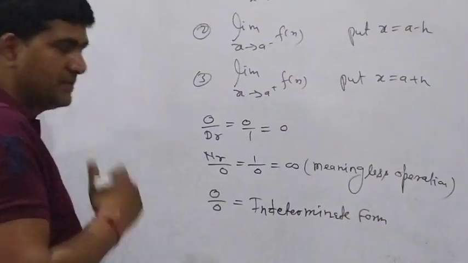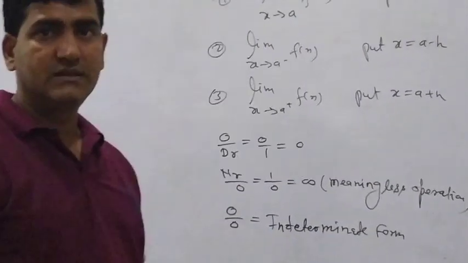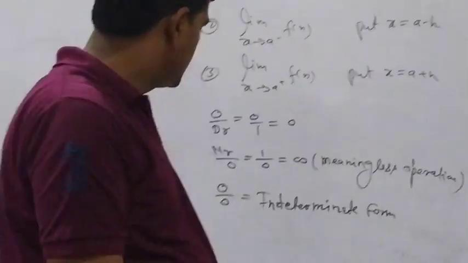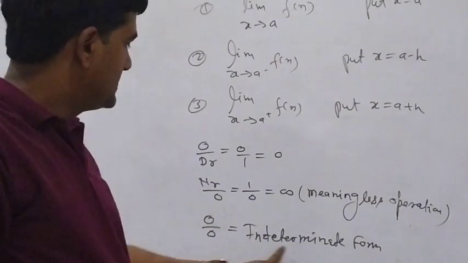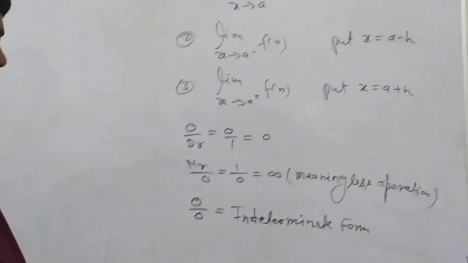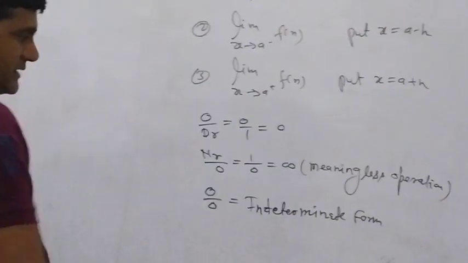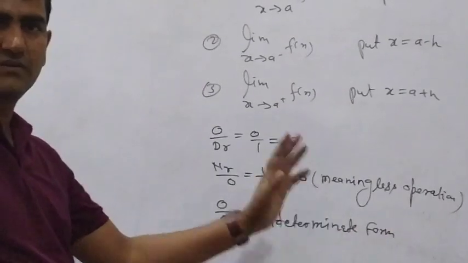This form is very important when we study limits in class 12. There, 100% of the limit questions use the indeterminate form; not a single limit question will be done without it. Then 0 by non-zero is 0, non-zero by 0 is infinite, undefined, which is a meaningless operation. 0 by 0 is an indeterminate form.